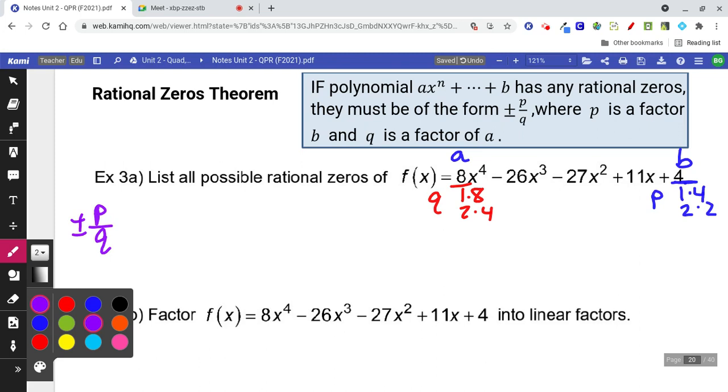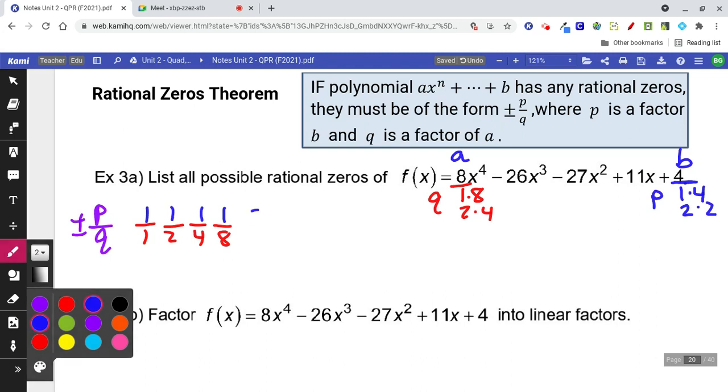So let's start with the blue number 1. Divide by a red 1. Take your 1 and divide by a red 2. Take your 1 and divide by a red 4. Take your 1 and divide by a red 8. You've got to take all of the blue numbers divided by all of the red numbers.